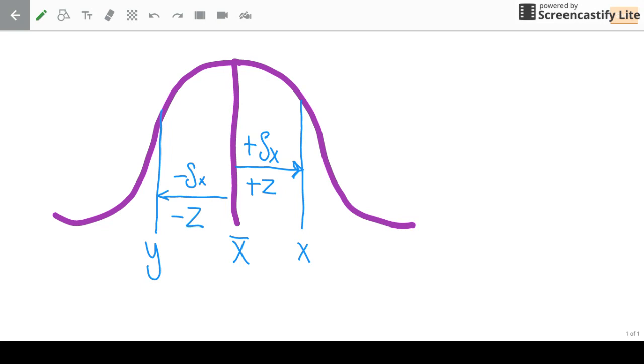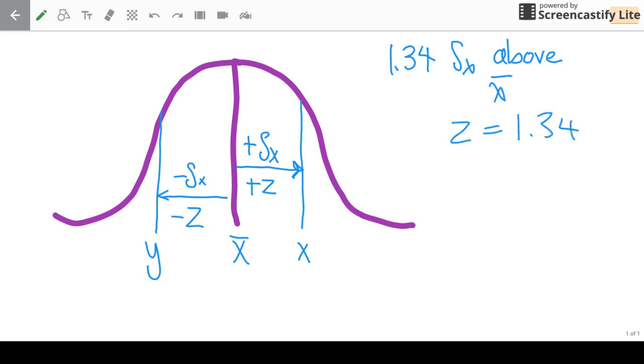So if I say I have 1.34 standard deviations above the mean, then that means that z equals 1.34. So it is telling me how many standard deviations. And again, since it's above, that means it's positive.